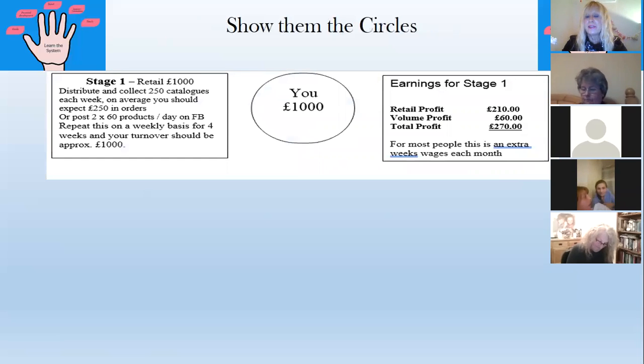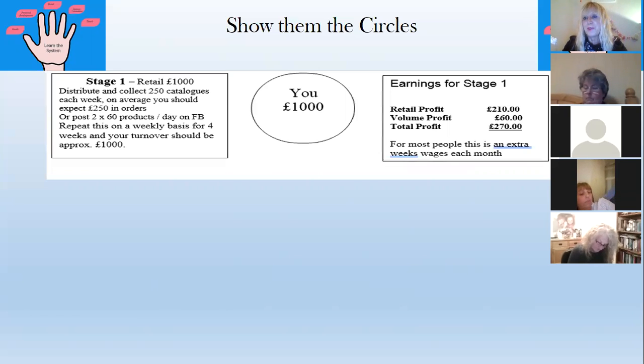Now here is a retail plan. Now this retail plan is from the Cluneasy catalogues at 21%. That figure would change by about £50 in a period if you were only selling K-Life products. They run at 15%. However, the prices are usually more expensive, so it usually works out even. So here's you, and you're retailing £1,000 every 4 weeks.